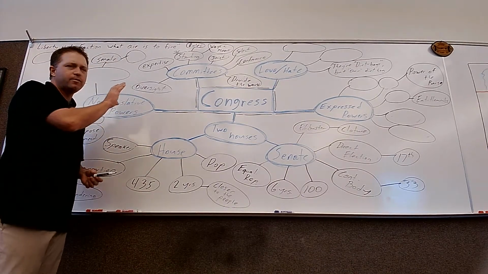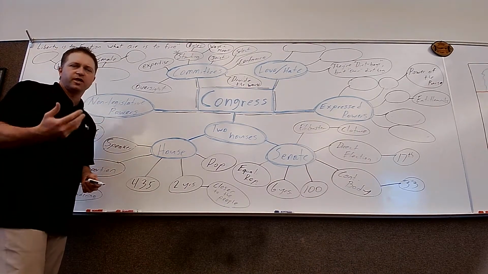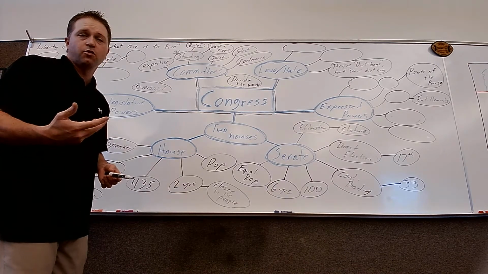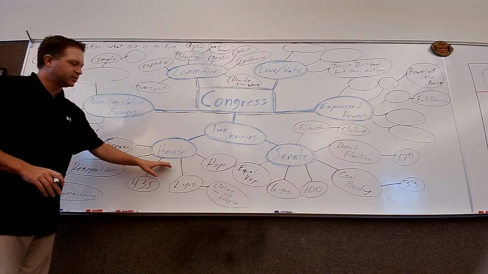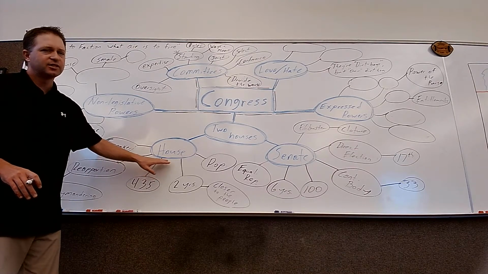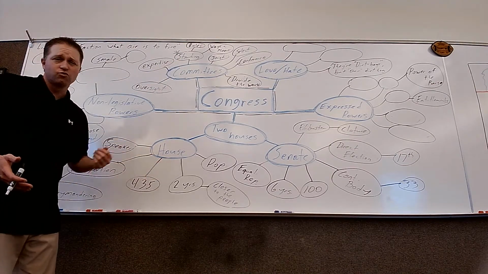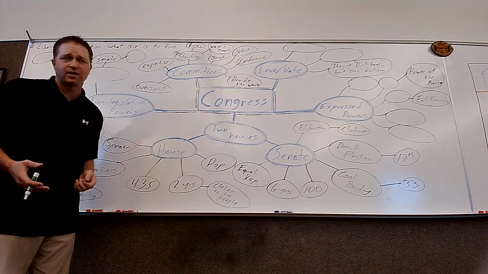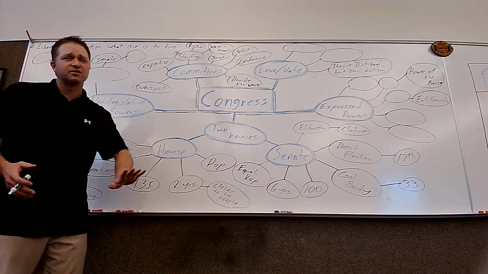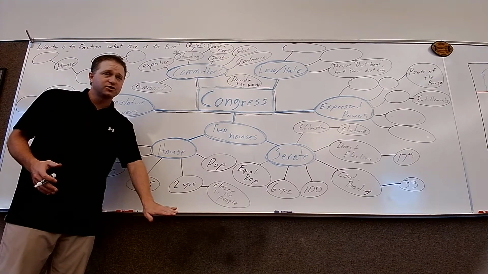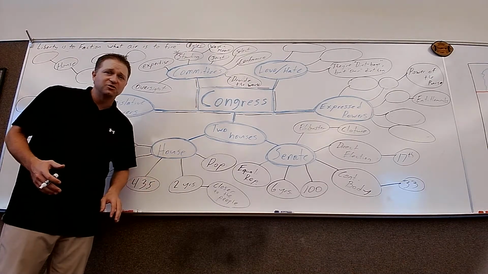The more prominent committees are going to get people who have more seniority. So if you've been reelected in the House a few times, it's likely you can get on a prominent standing committee. Whereas if you're a rookie member of the House or a rookie senator, they'll probably send you to a subcommittee first where you go fetch coffee and donuts.